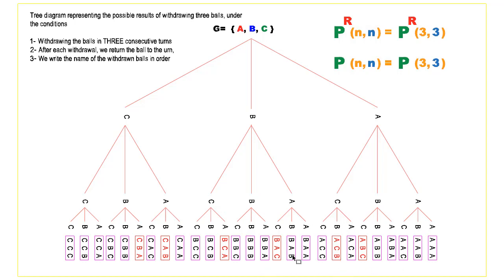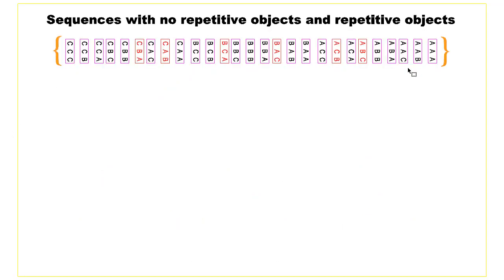Now what do we notice about these sequences if we put them aside? In these sequences we have two main parts. The first part is sequences that have no repetitive letters, just as ACB, BAC, marked in red, and the other portion of the sequences has letters repeated such as AA and BB and CCC and so on.